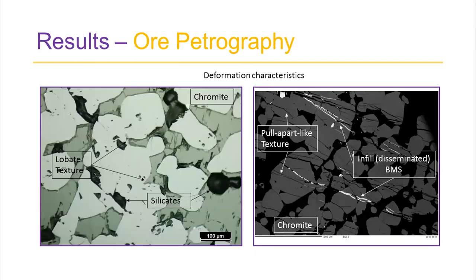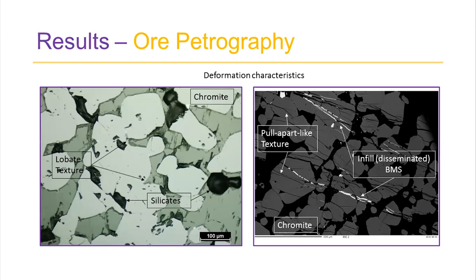UG2 in this area. The other characteristics that we observed at Buffelshoek farm is deformation characteristics of the UG2, where we had fractures or pull-apart textures, and the base metal sulfide shows a post-deformation mineralization that fills the cracks of this deformation.